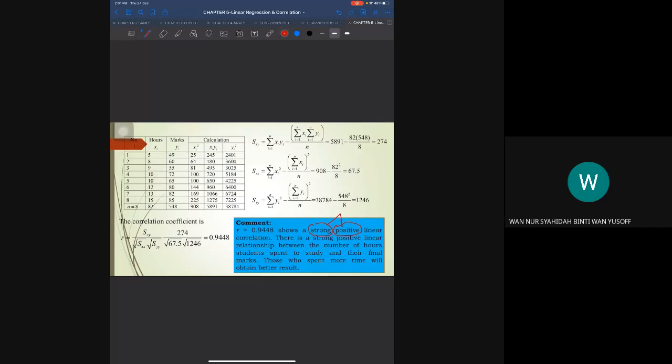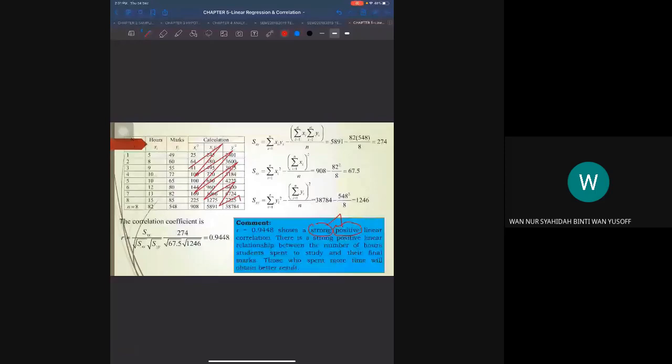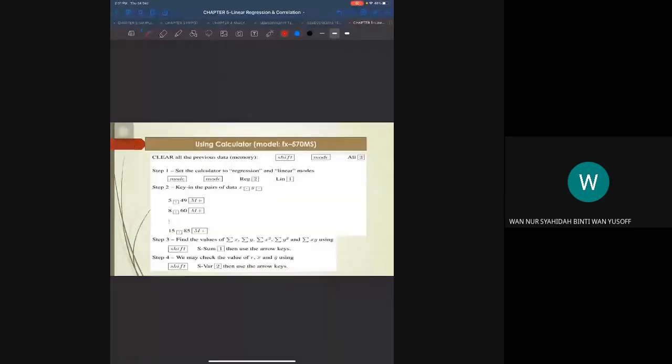If you calculate your R, no need to calculate manually this part, you can get it directly from your calculator. We will discuss the interpretation when we go to the exercise later. This is how we use the calculator, and I already shared with you the video on how to use the calculator, so you can watch that video.